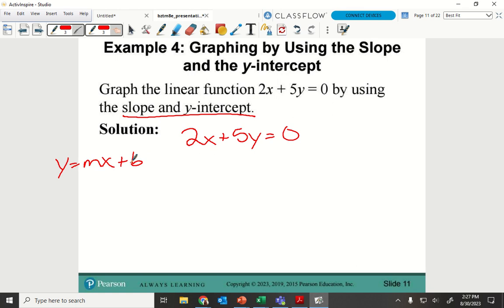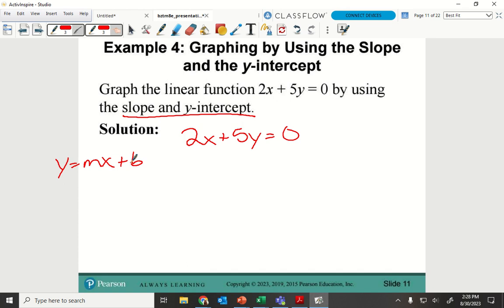That means my y needs to get by itself. I'm going to isolate my y value.